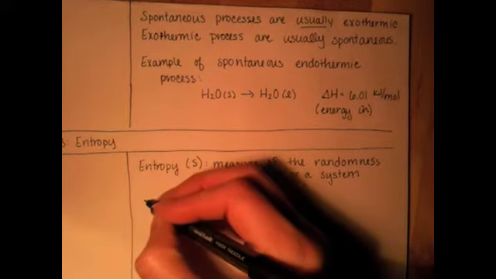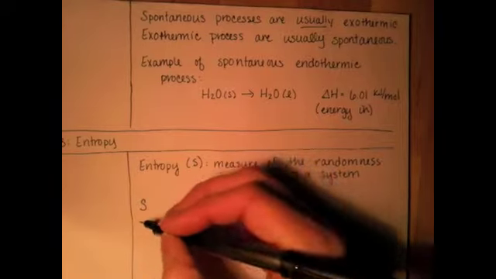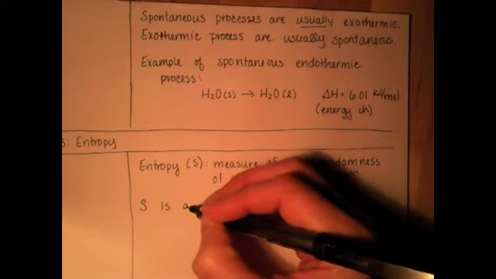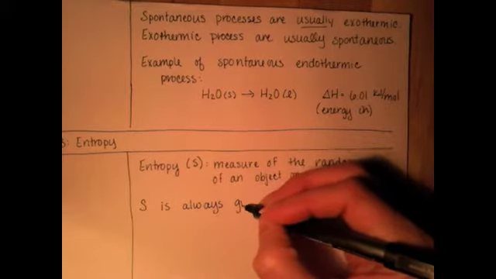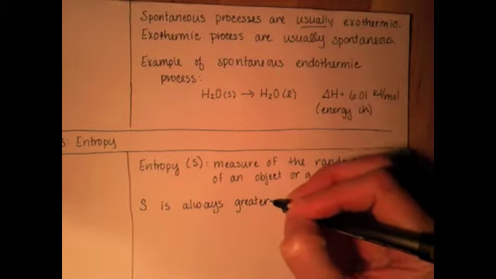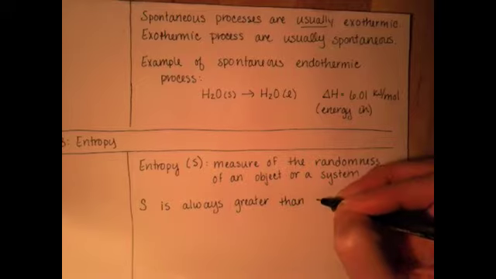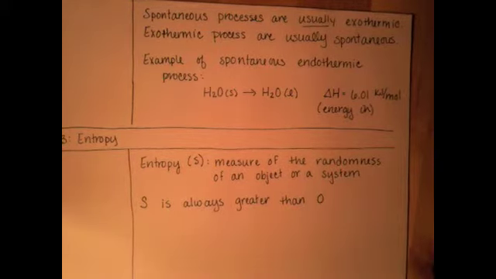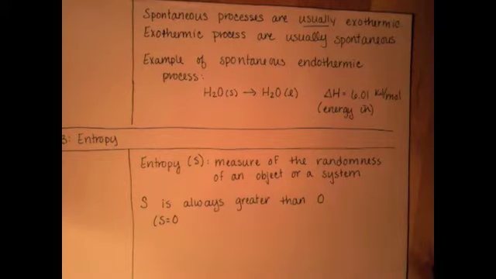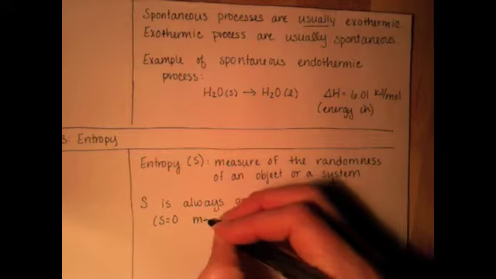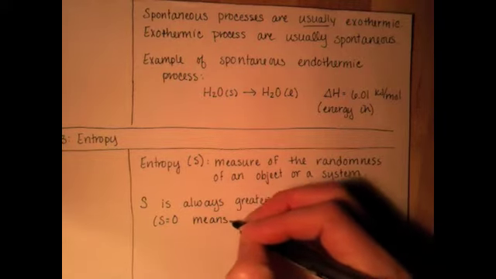The value of entropy is always greater than 0. It's always a positive number. Remember from section 18.1, the laws of thermodynamics stated that if the entropy was equal to 0, that would mean that the system had perfect order.